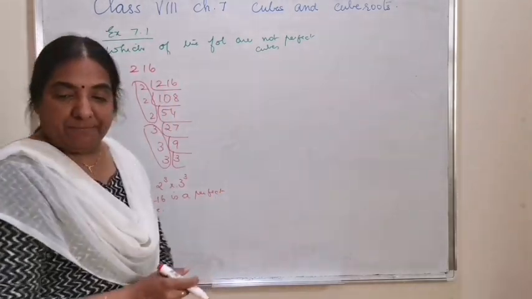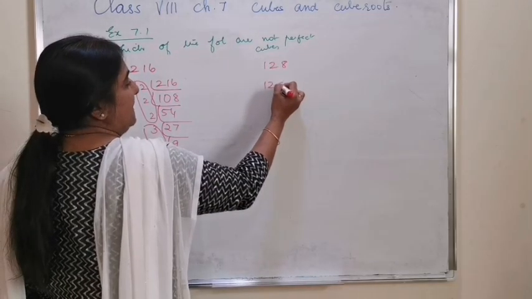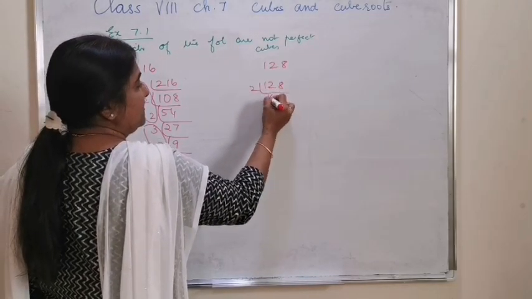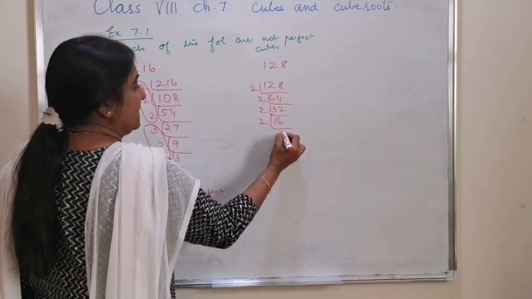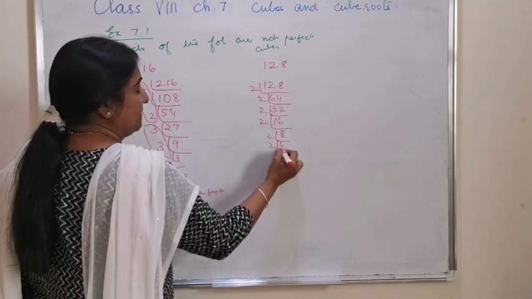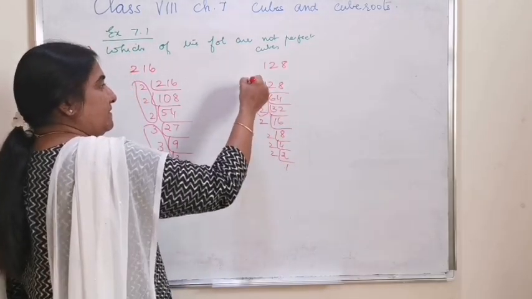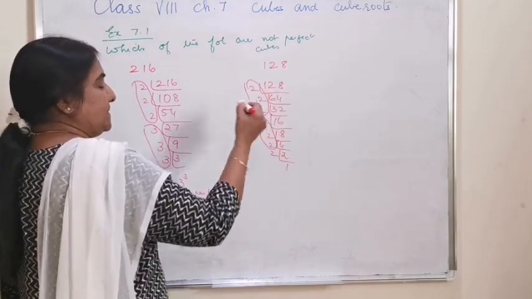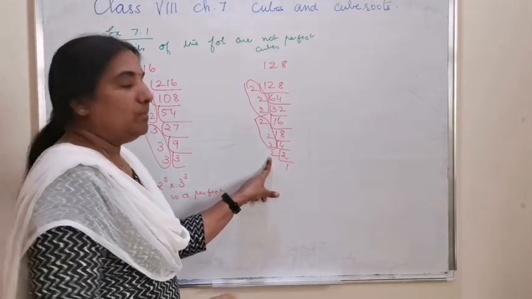The next example is 128. The prime factorization: by 2, 64, 32, 16, 8. If you group the factors 3 times, you can see that one of the factor 2 is occurring only once.